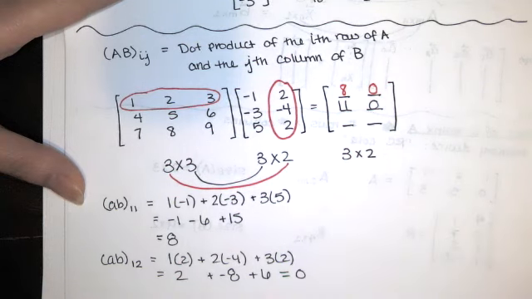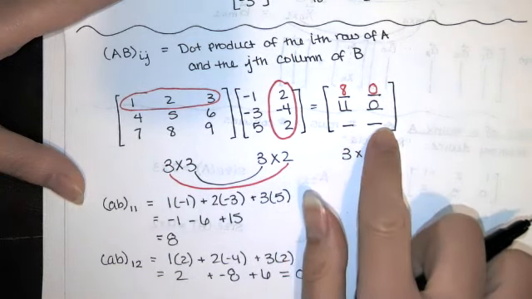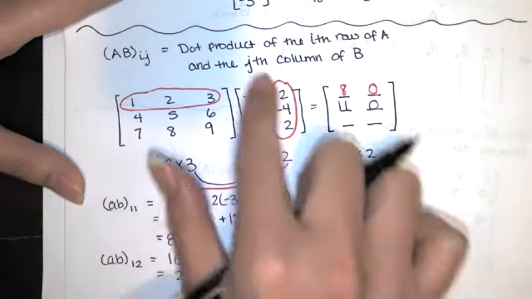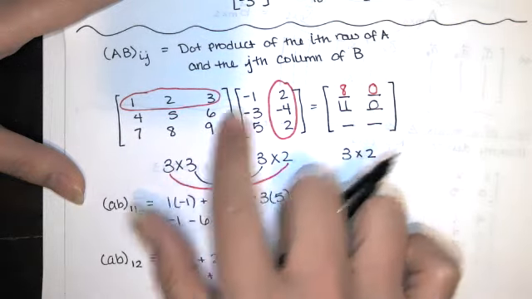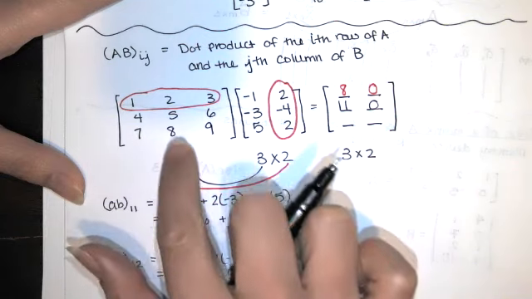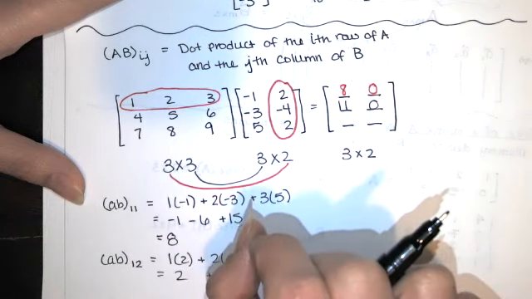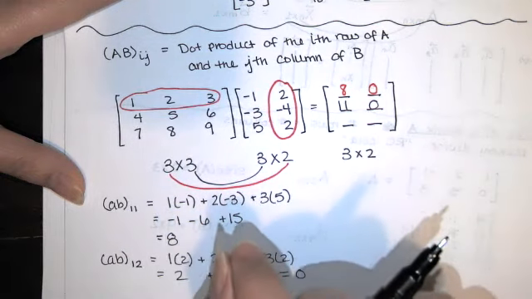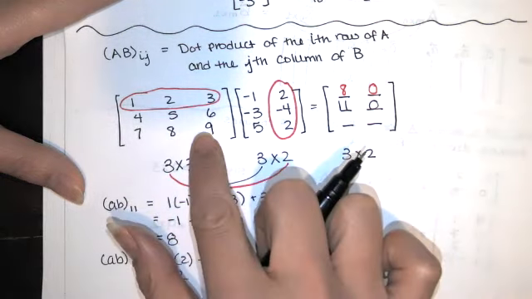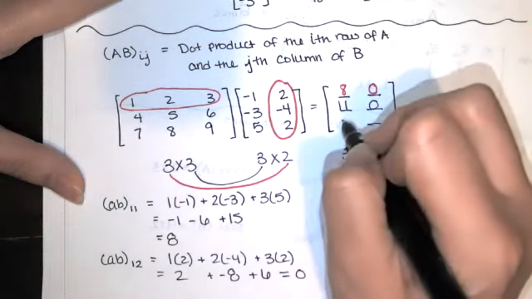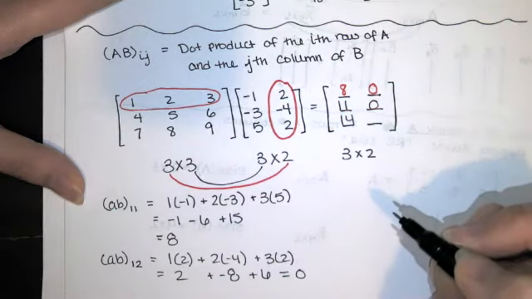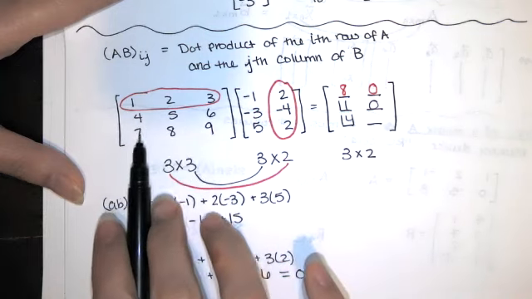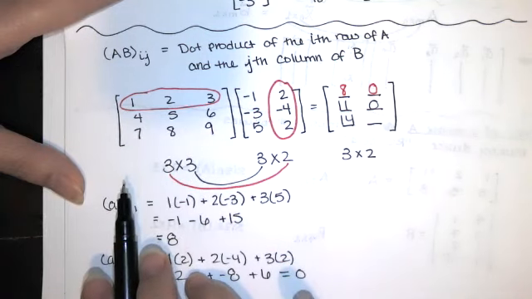Okay. And then for the last row, this is the third row, first column. We take the dot product of the third row and the first column. So we do 7 times -1 is -7. Plus 8 times -3, which is -24. -24 plus -7 is -31. -31 plus 45 is going to be a positive 14. Okay, great. And then we'll take the dot product of this guy with this guy. So we'll do 2 times 7 is 14.